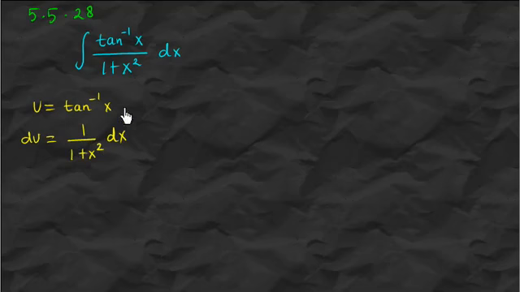And we can see that we have the same expression, 1 over 1 + x squared, in the integrand. So that indicates that we are on the right track. So let's keep u = arctangent of x. It is already a good choice.